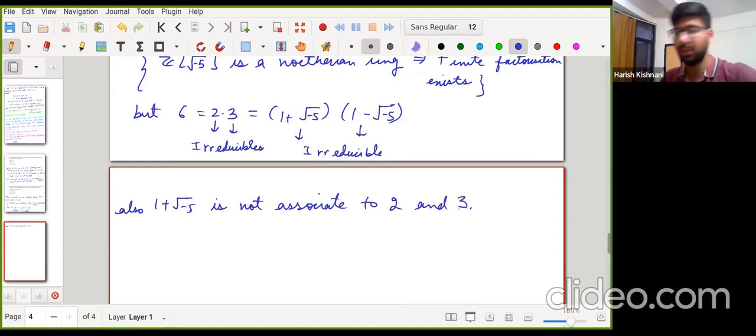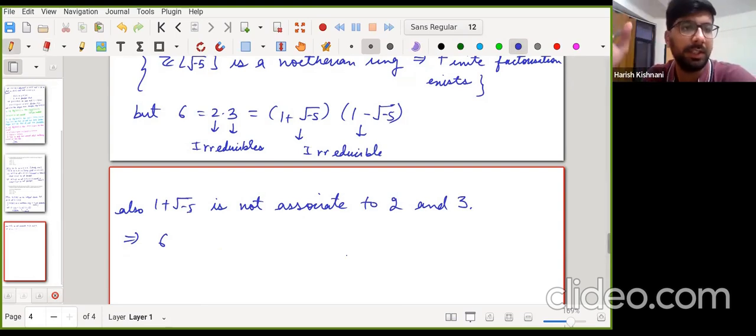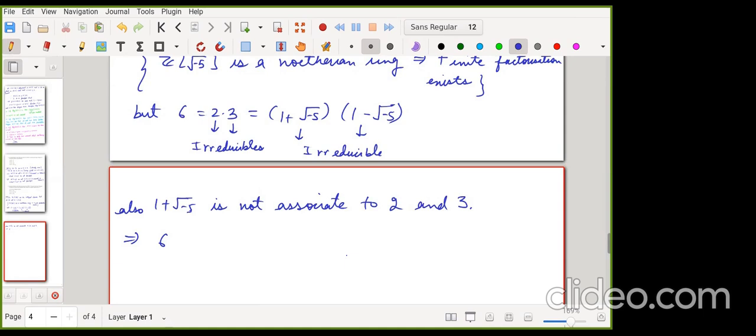So they are two distinct factorizations. They are not the same factorization up to associates. So this implies that 6 has two distinct factorizations. So we have to mention that they are not associates also, right? Yeah, because if they are associates, then it will be considered the same factorization. So that part is also crucial.